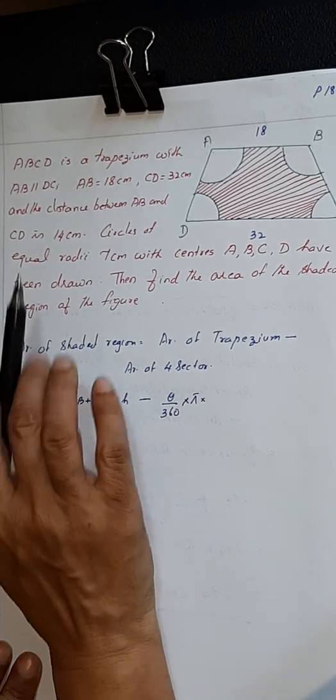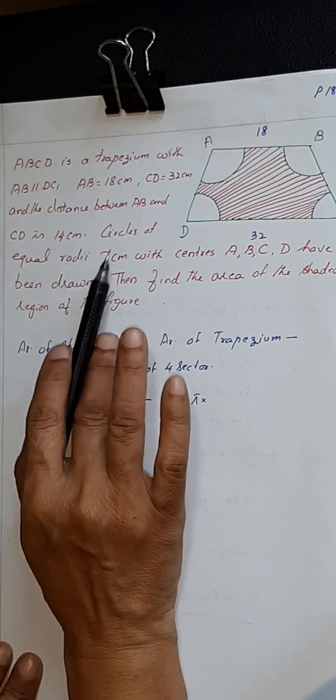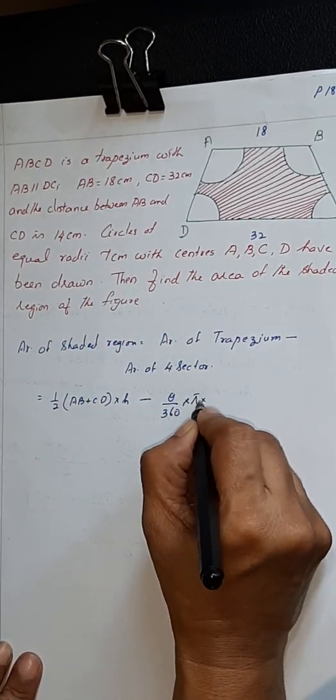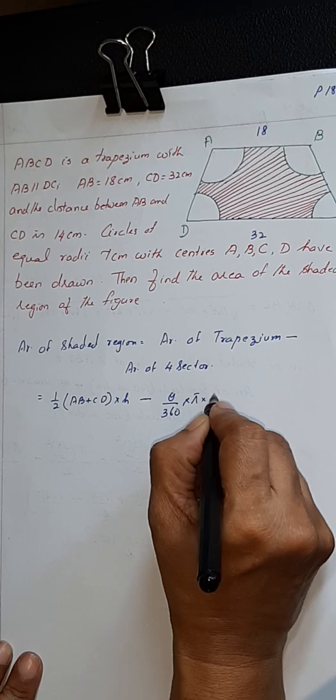The circles have equal radius 7 centimeters, so it is pi theta by 360 into pi r squared, with r squared being 7 squared.